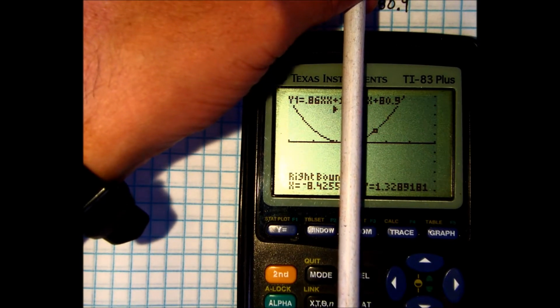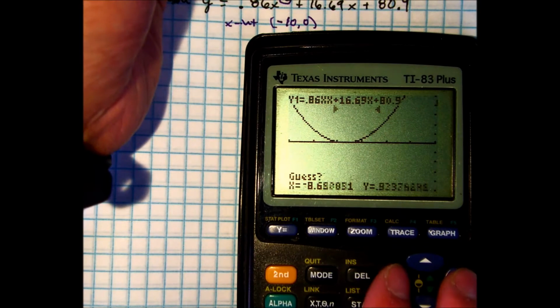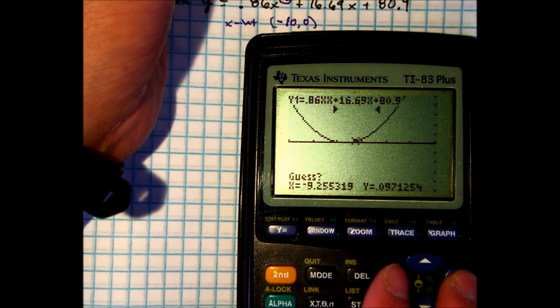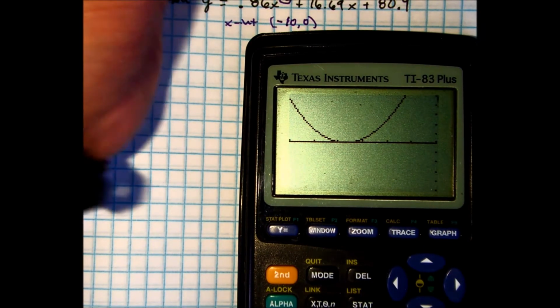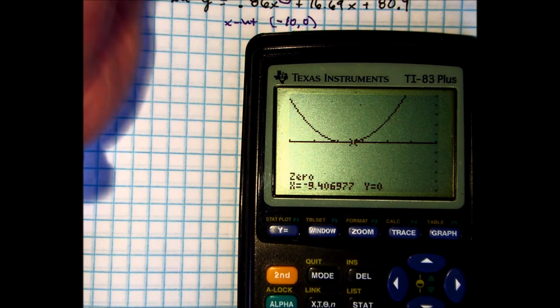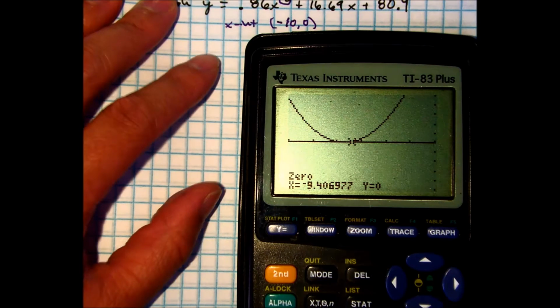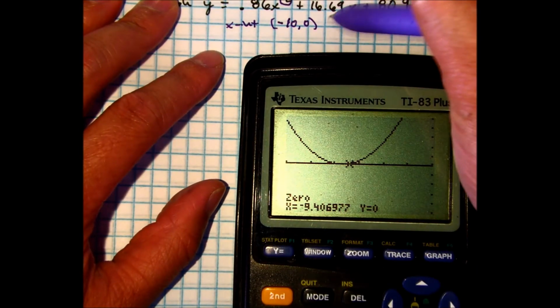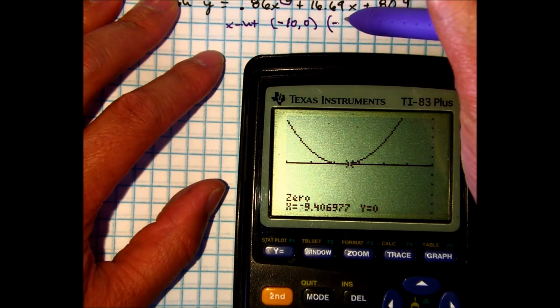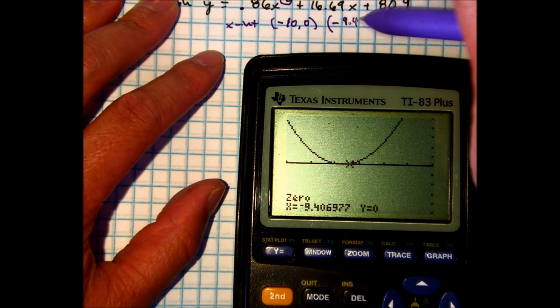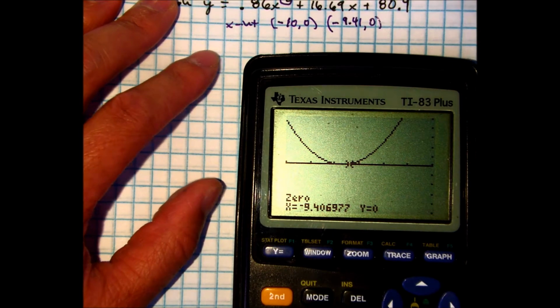Press enter, and then do exact. We got it. Let's write that down. -9.41, comma 0.